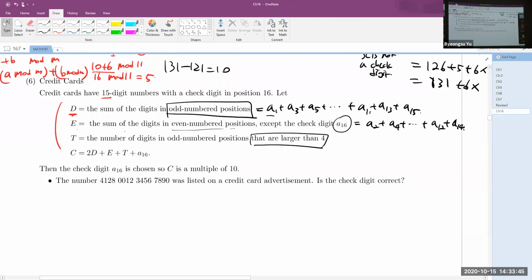So that's the number T. Then finally, you make C as 2D plus E plus T plus A16. Then your A16 should be chosen so that this final number C is a multiple of 10, which means that C is 0 mod 10.